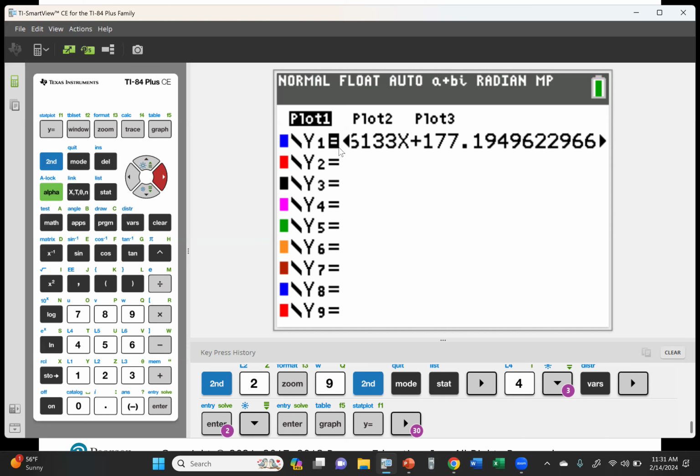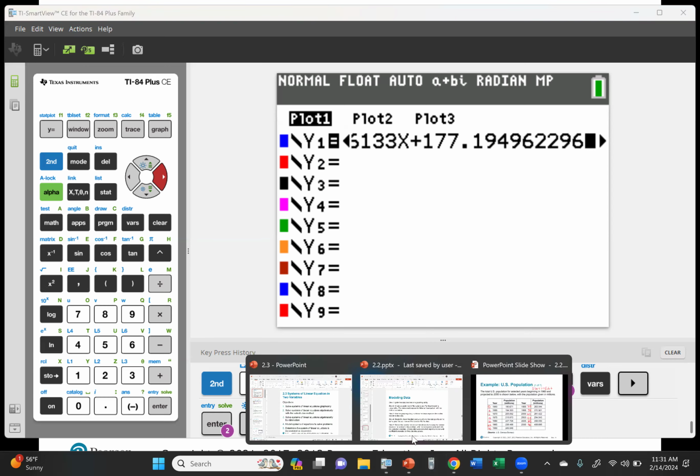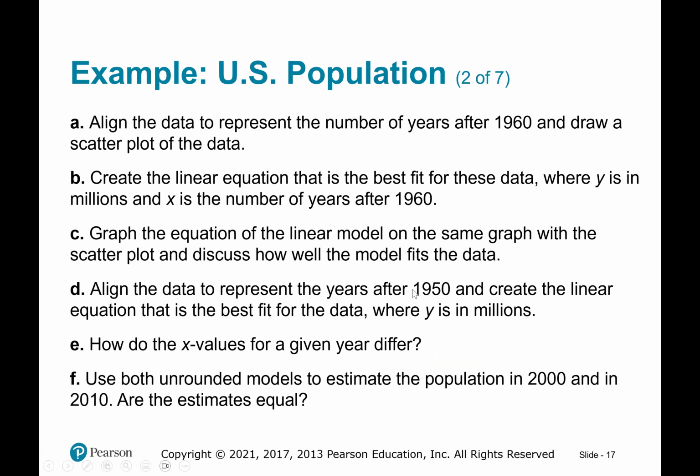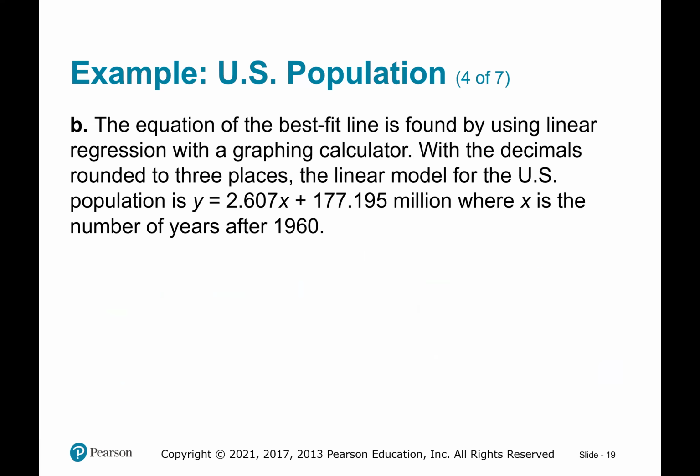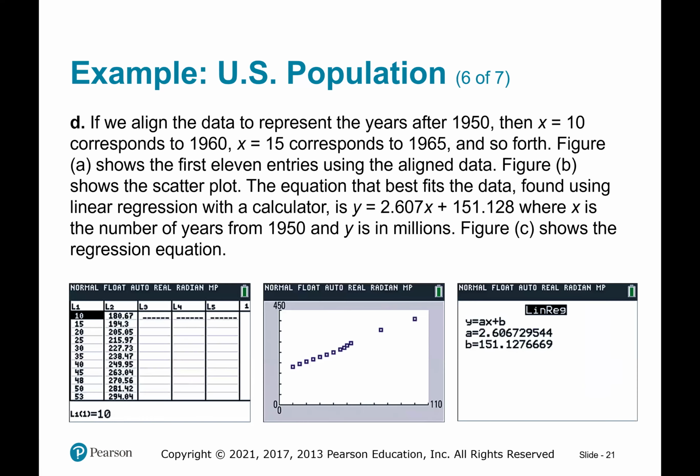All right. Part D of this problem states this. So we've done parts A, B, and C. Let's look at D. If we align the data to represent the years after 1950, then X equals 10 corresponds to 1960.